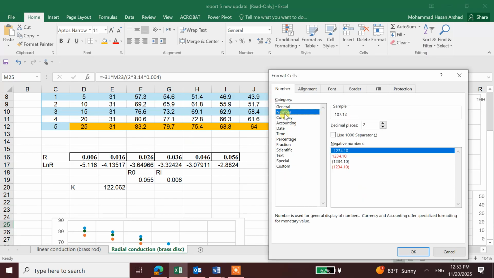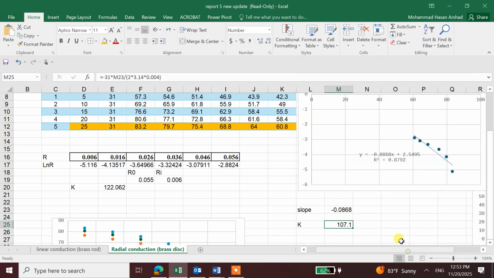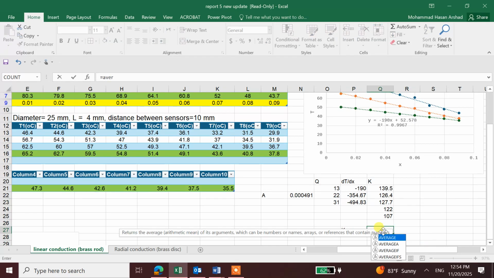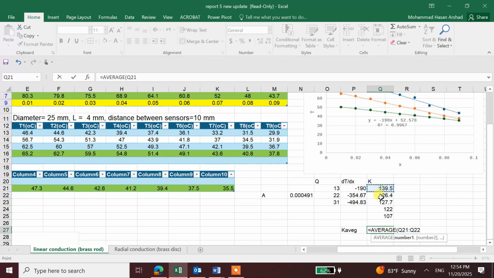No need for too many digits, so 107.1. This one is a little bit far: one is 122 and this is 107. The k value should be the same, so it changes a little depending on data accuracy. So you can find the k average, 124.5, which is very close to the given value.